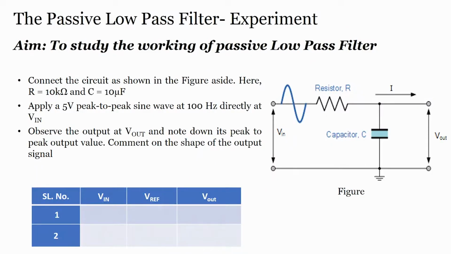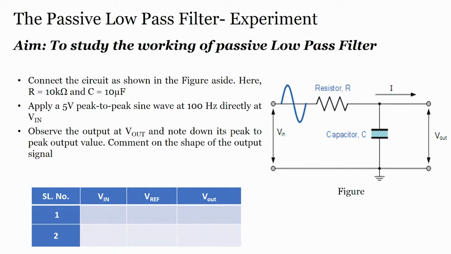Now, here we will be understanding the passive low pass filter, and in this we have to understand how the experiment would work. So, first we will understand how we can study the working of the passive low pass filter.